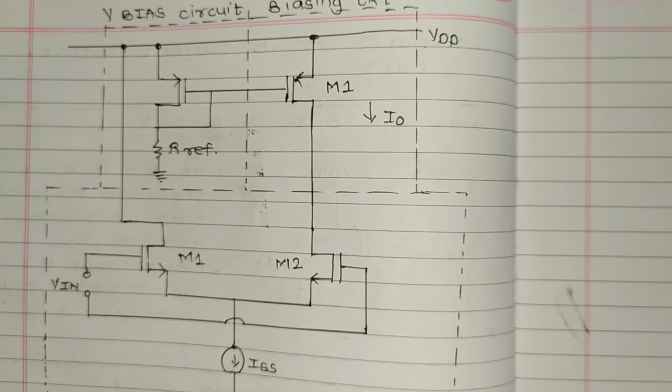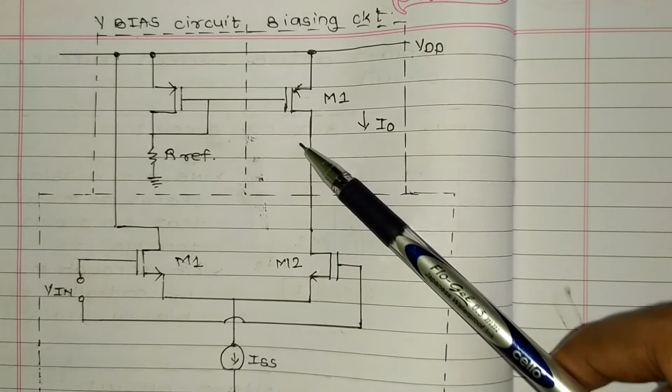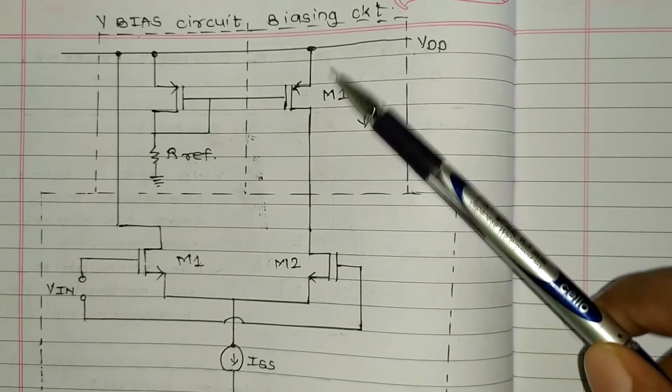As we have discussed in previous sections, there is a V bias circuit and a biasing circuit, which provides biasing. We discussed these circuits just now.